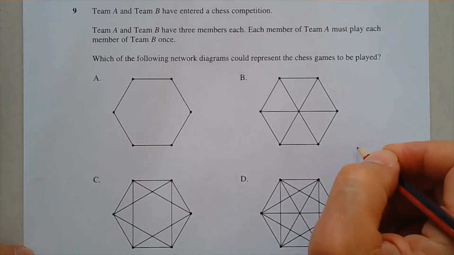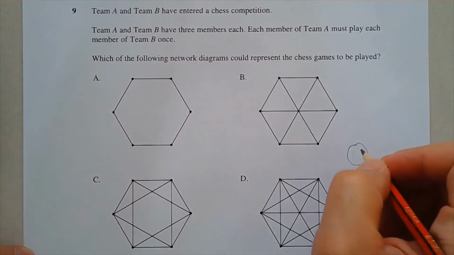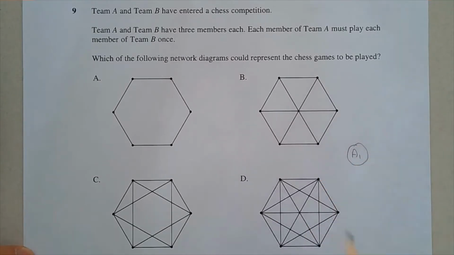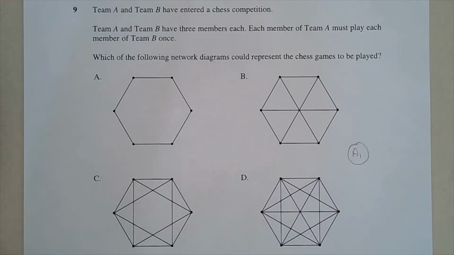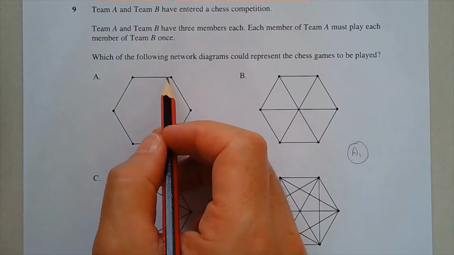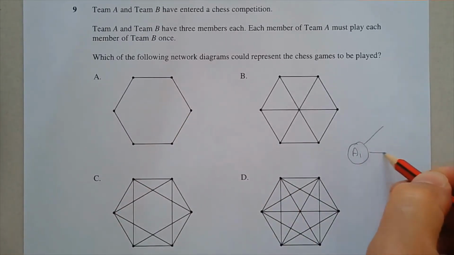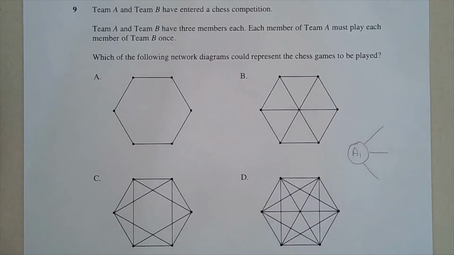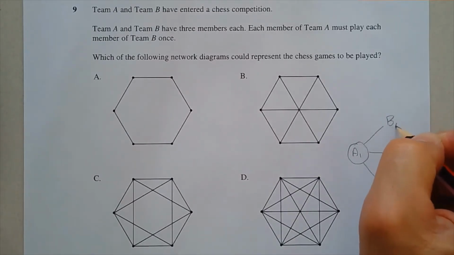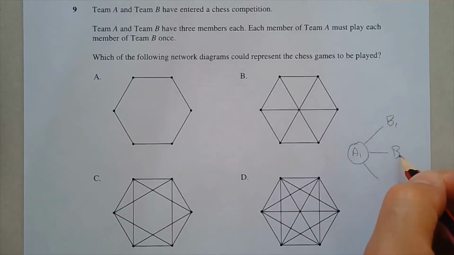So if we had, let's say one of the players, let's say Team A, player 1. So this represents one of the vertices, one of these dots. That player has to play one game with each of the players from Team B. So let's call that Team B player 1, Team B player 2, and Team B player 3.